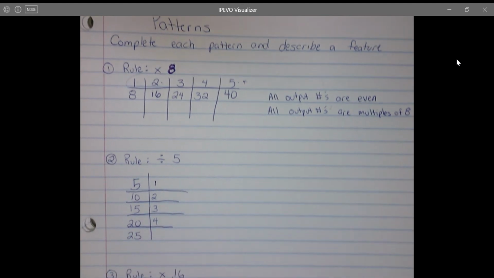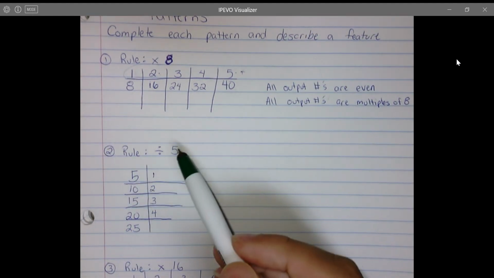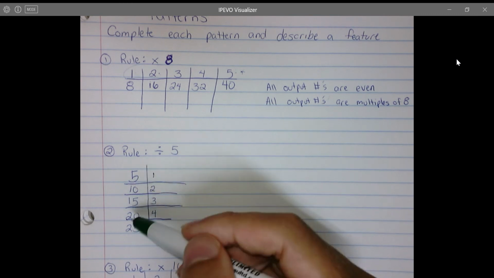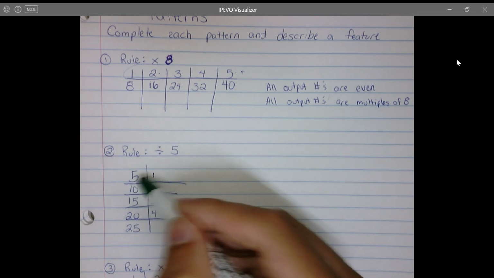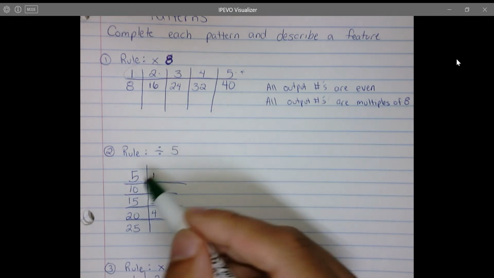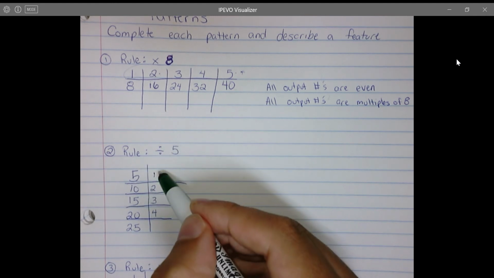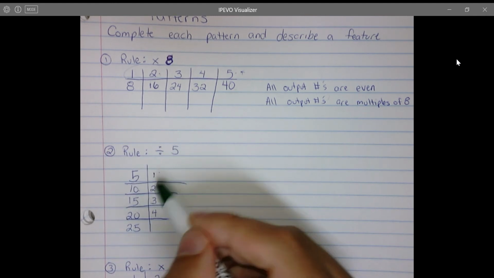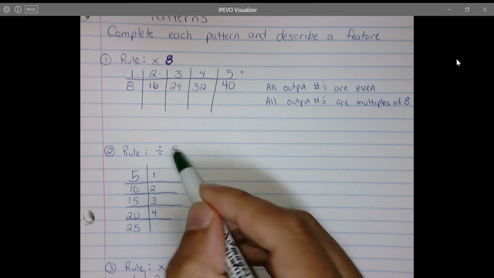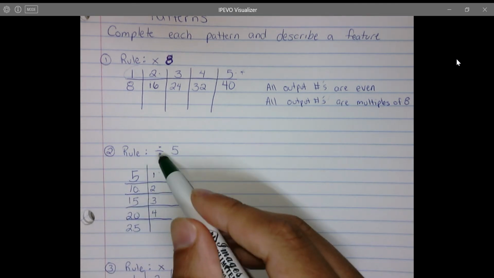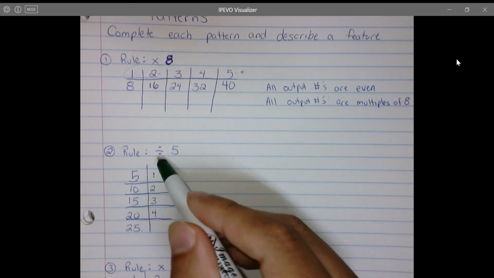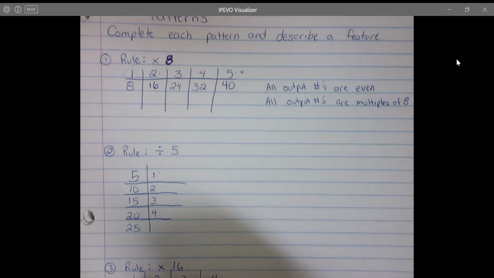All right, number 2. Now I have a rule, divide by 5. So now it's going vertical. It's still my input, and then I get my output, and I need to follow the rule. So 5 divided by 5 is 1. 10 divided by 5, 2. 15 divided by 5, 3. 20 divided by 5, 4. 25 divided by 5, just following the rule, that would get me 5.